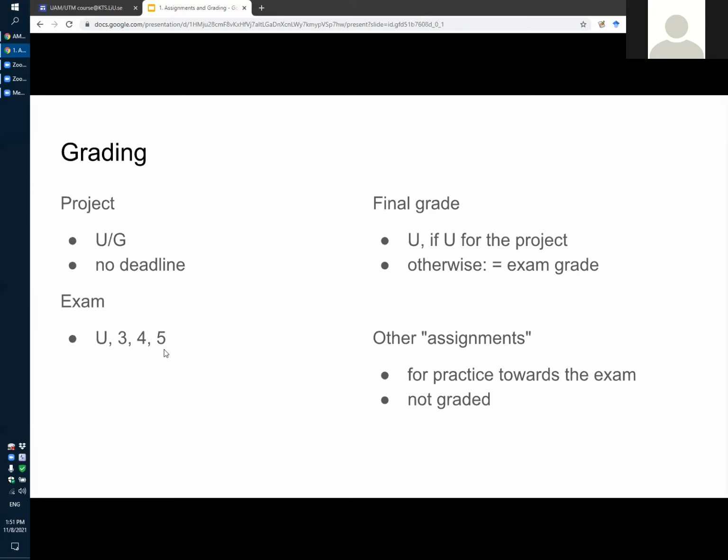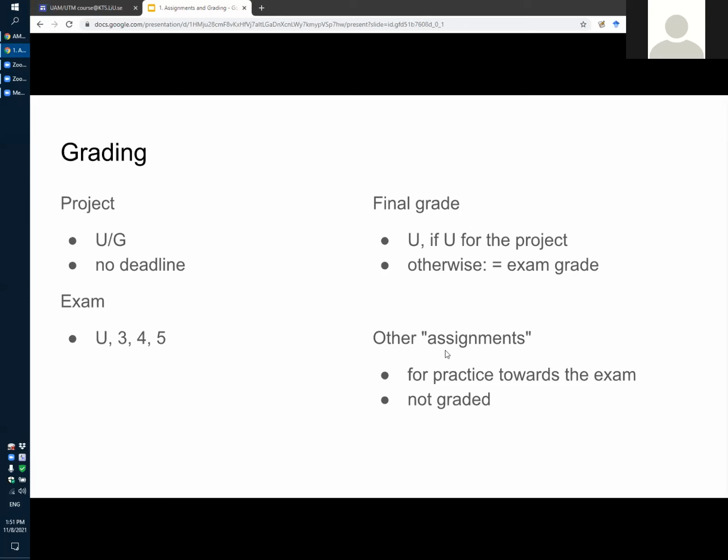If you want 4 or 5, we'll have to speak after the exam. But the project is mandatory, so if you don't pass the project, you don't pass the course. And if you do pass the project, then your final grade is the exam grade. I guess what's written here is less complicated than the way I try to explain it. Hope there are no questions, as simple as it can be.